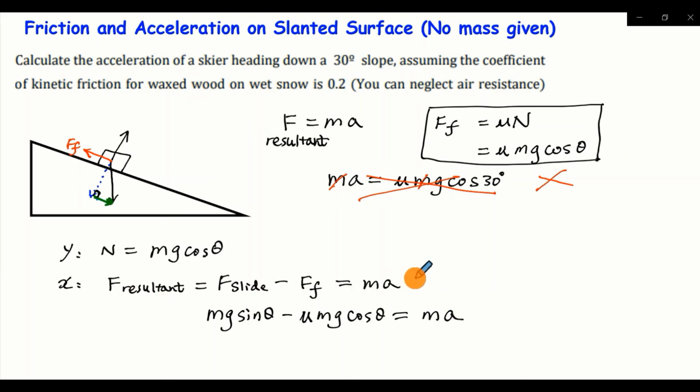That is the correct way of using Newton's law about acceleration. Ma equals the resultant force, not any force, not the friction force especially. At this point you will notice that the mass is in every single term of the equation, so you can cross it out.